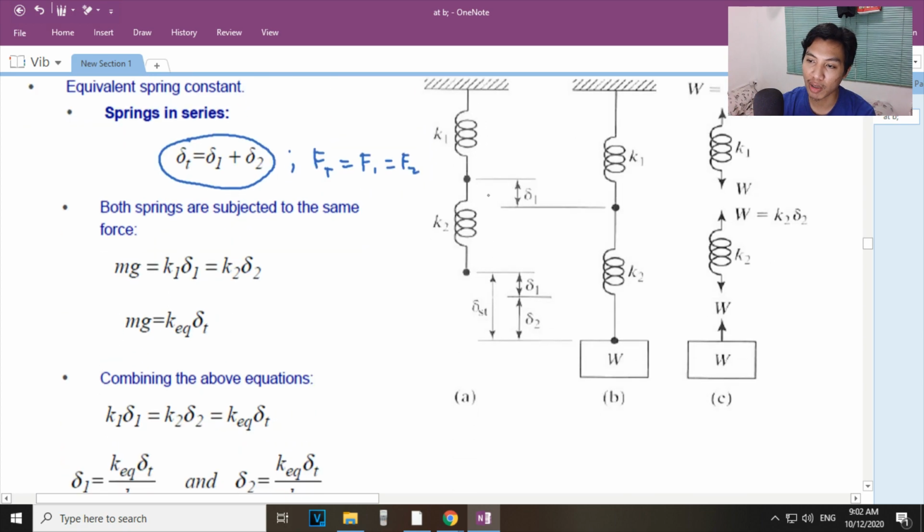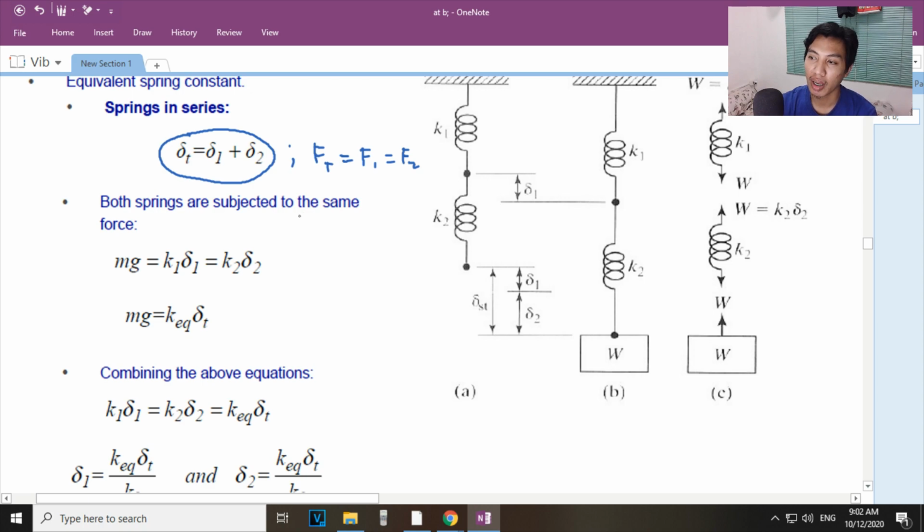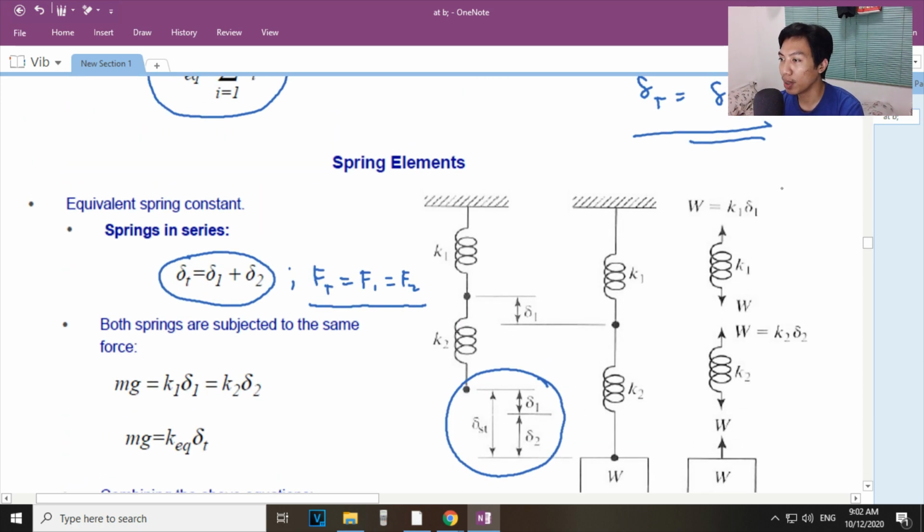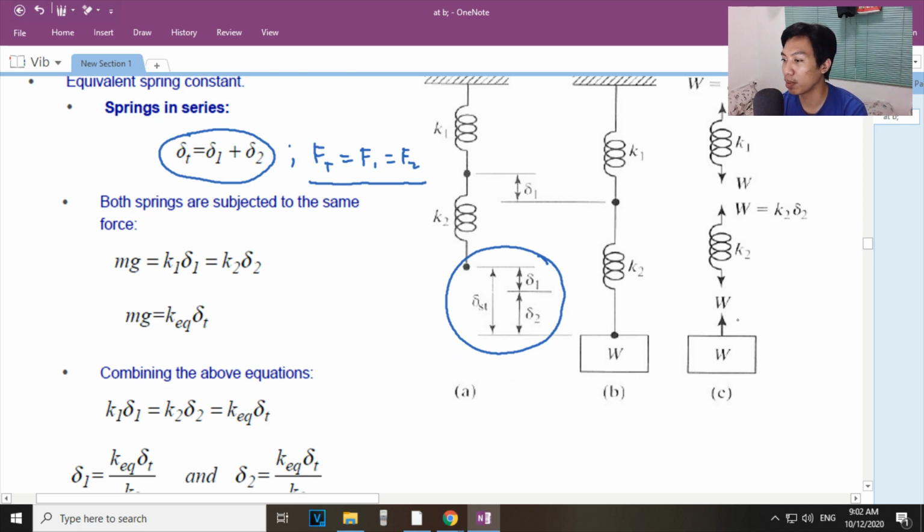Okay, ganun din naman, nai-represent niya. If this is your actual model, pag nagkaroon ka ng certain loading, additive or total yung kanyang deflection. Ngayon yung force niya ay equal throughout the system. And you can represent it using mass spring model. Sa mass spring model natin, meron bar dito or a mass that is applied.